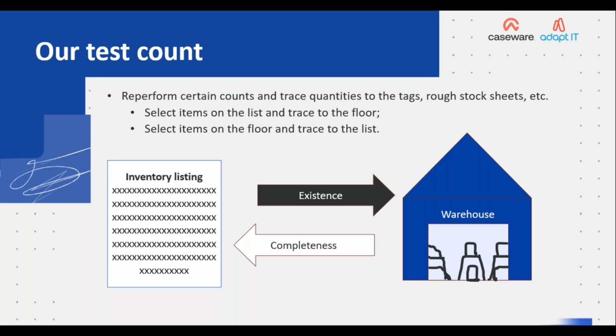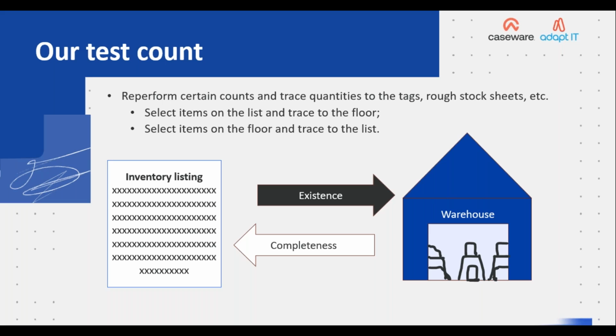Your test counts. So what about the procedures on your side? Re-perform certain counts, if possible. Trace the quantities to the tags, to the rough stock sheets, or other, because remember, at the very start of the inventory count instructions, procedures, you've obtained those procedures from your client, right?